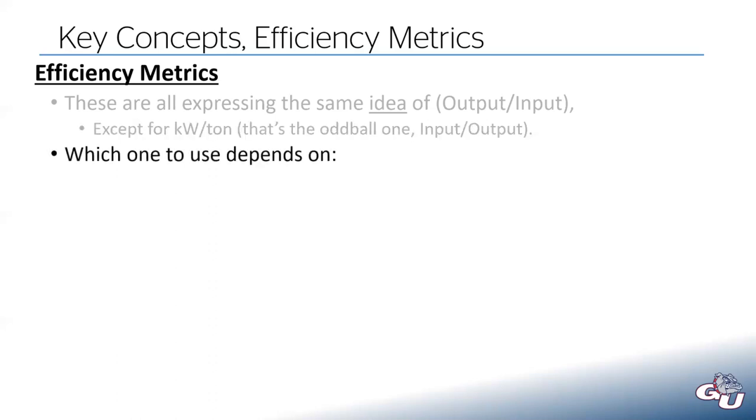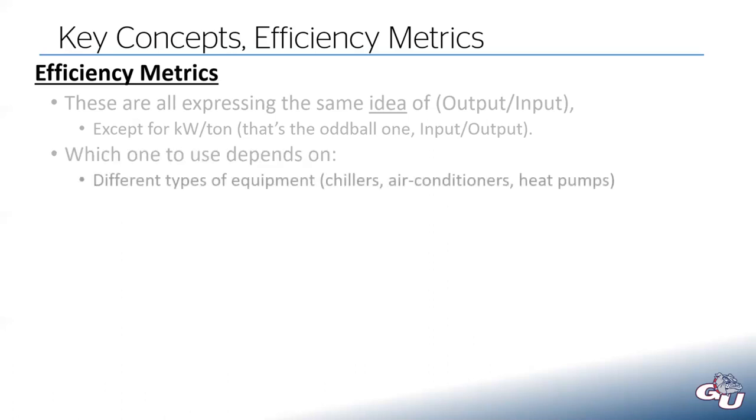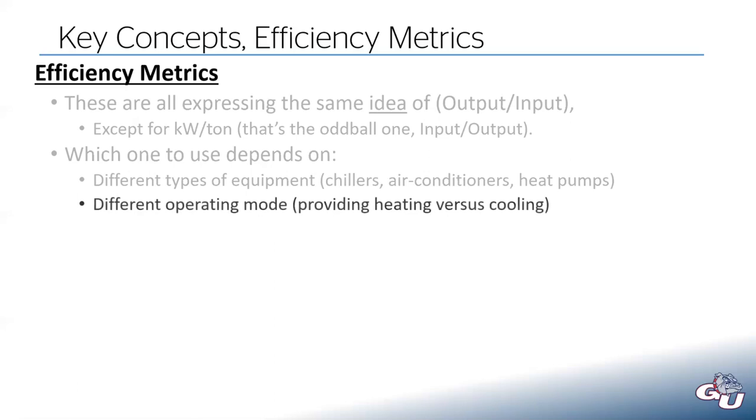And which one you're going to use or see if you're looking at equipment, it depends on a number of things. So you can have different types of equipment, chillers, air conditioners, heat pumps. All of those use different metrics.